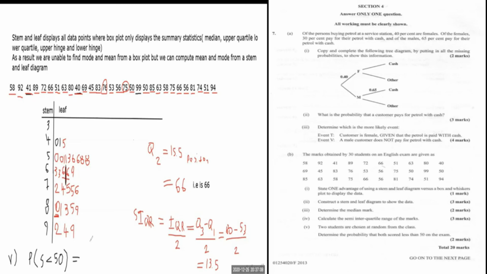There are 3 students that scored less than 50. Probability that the score is less than 50 is 3 out of 50. All right. That's the probability of a student's score being less than 50.